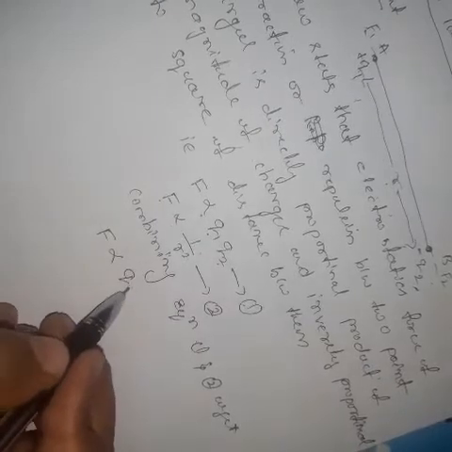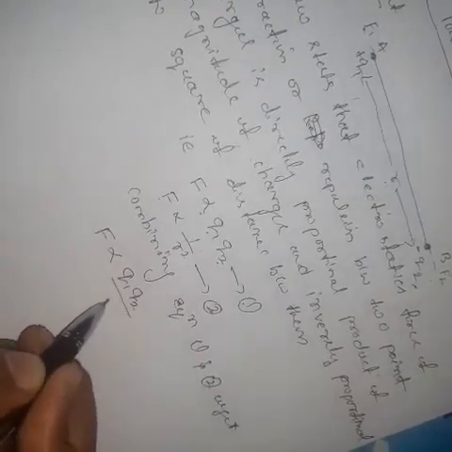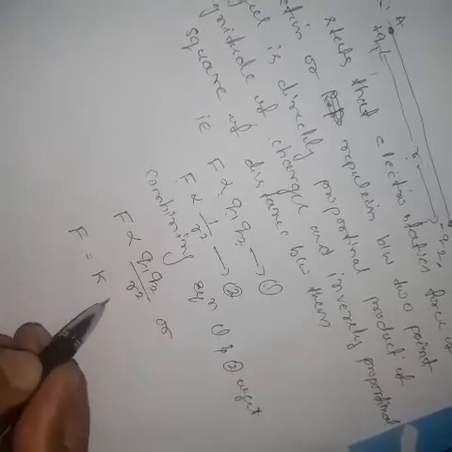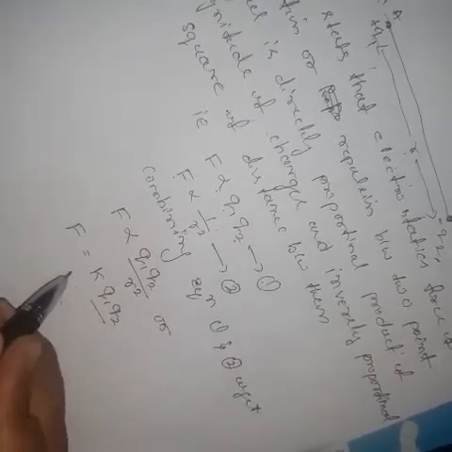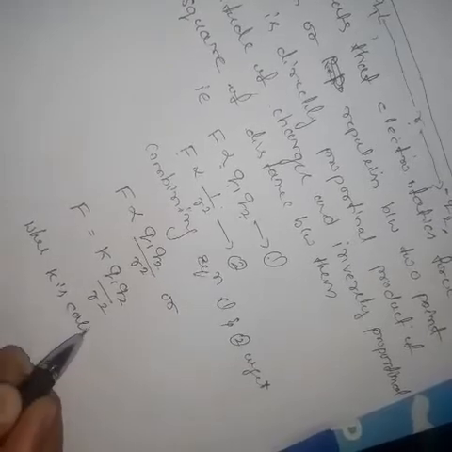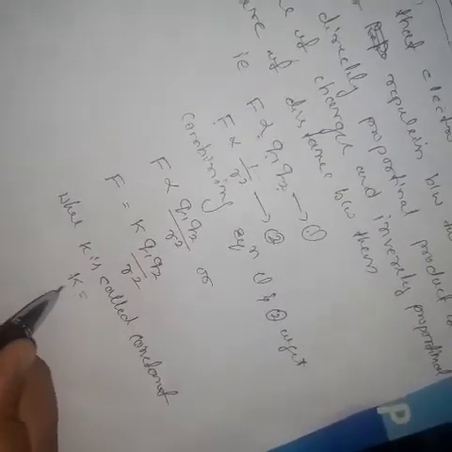The Coulomb force is directly proportional to Q1 and Q2 and inversely proportional to the square of the distance between them, or F equals k Q1 Q2 by r squared, where k is the proportionality constant. The value of k is 1 by 4 pi epsilon naught. That is equation number 3.